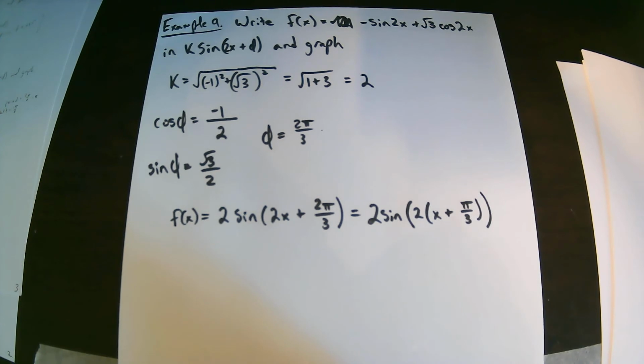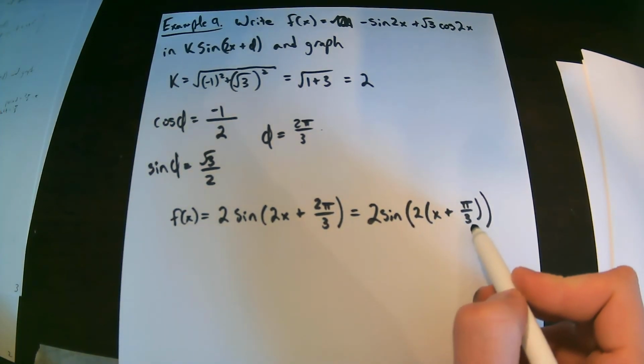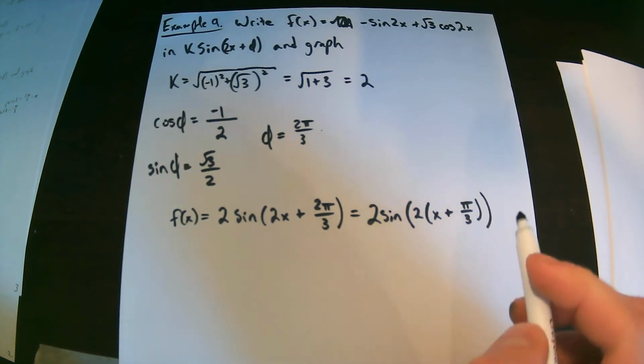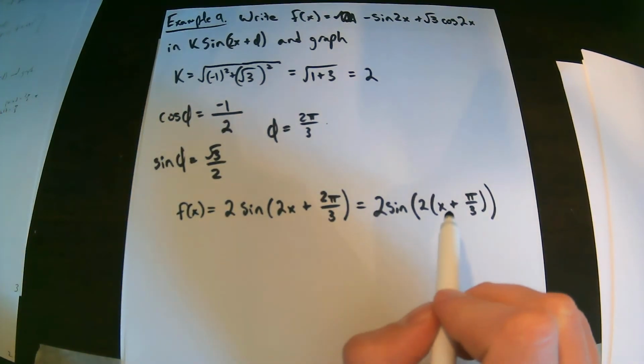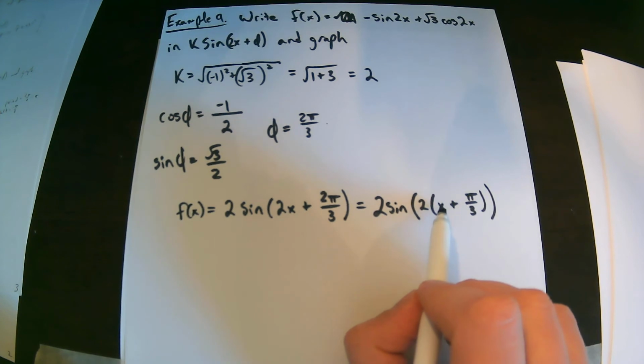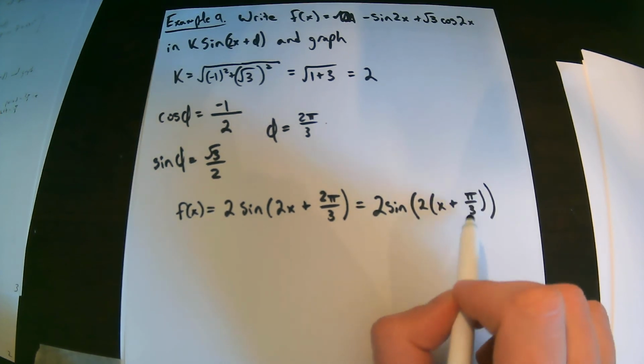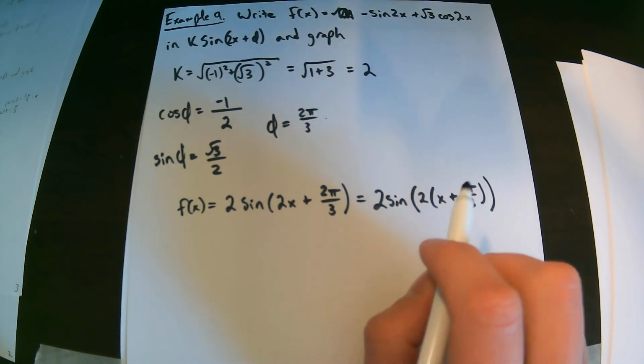And that way I can more easily identify the phase shift here, and the period. Because remember, in the overall form, when you're identifying amplitude and especially period and phase shift, you have to factor this number off of the x and the number that's being added or subtracted.